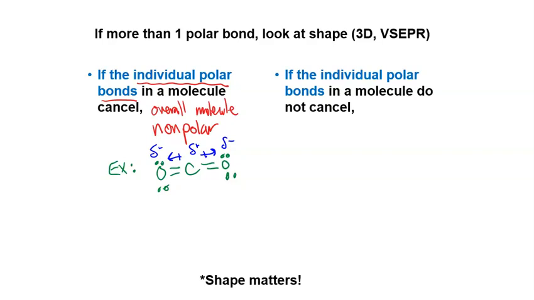Now, we are still going to recognize that these partial charges are here, but I'm going to erase them because I think it's easier to think of it in terms of arrows. If we're thinking about a blanket being shared among all of these atoms, the oxygen on the right is pulling the blanket towards itself.